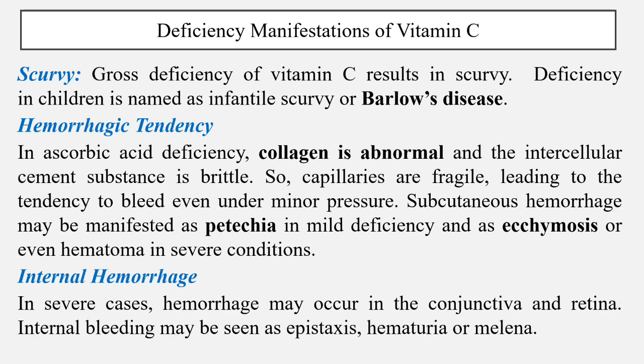Next, internal hemorrhage because of these collagen abnormalities. In severe cases, hemorrhages may occur in the conjunctiva and retina of the eye, and may lead to epistaxis, hematuria and melena.